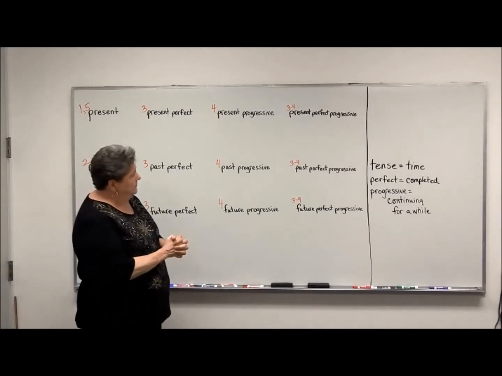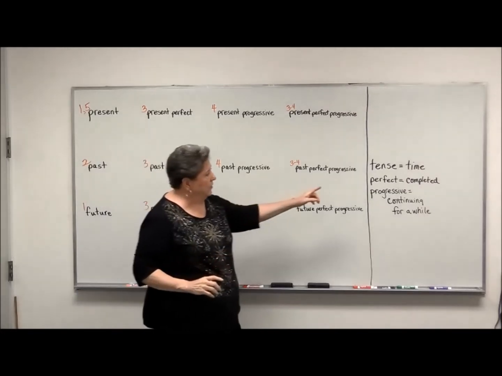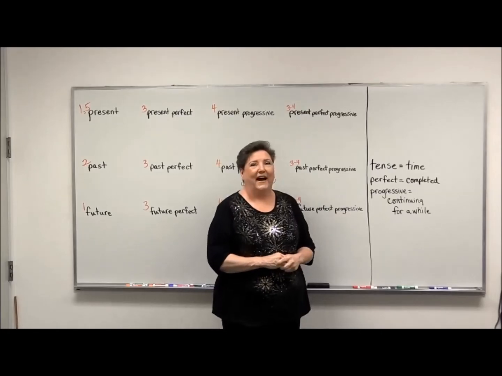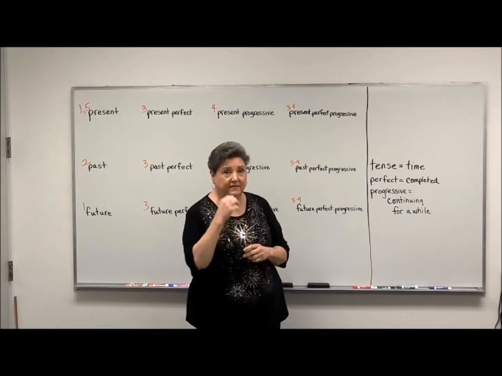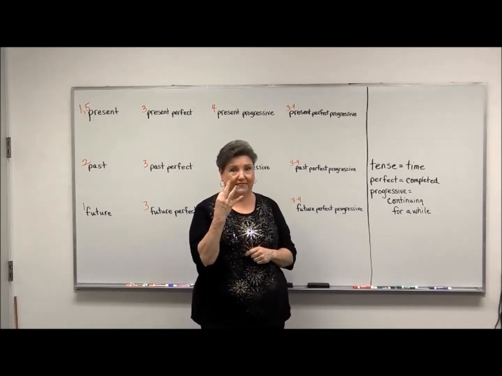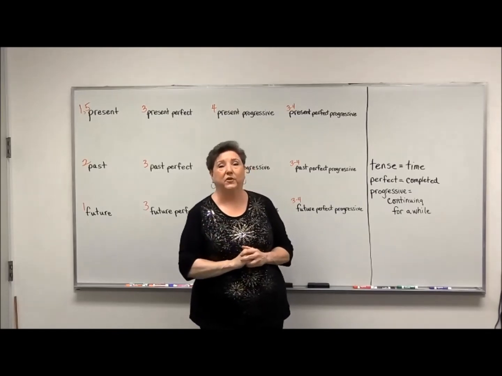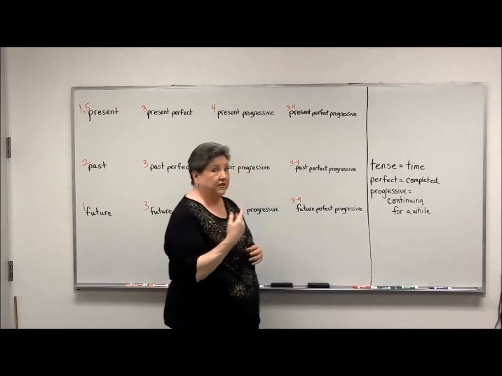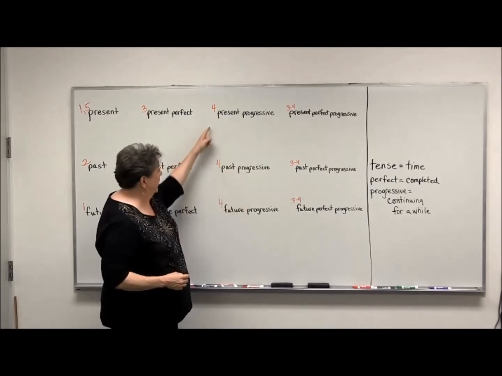Well, I have a secret to tell you. Remember when we were looking at perfect and progressive? Every time you see perfect, it's verb 3. And every time you see progressive, it's verb 4. Look at the chart. Every time you see progressive, we have a verb 4.